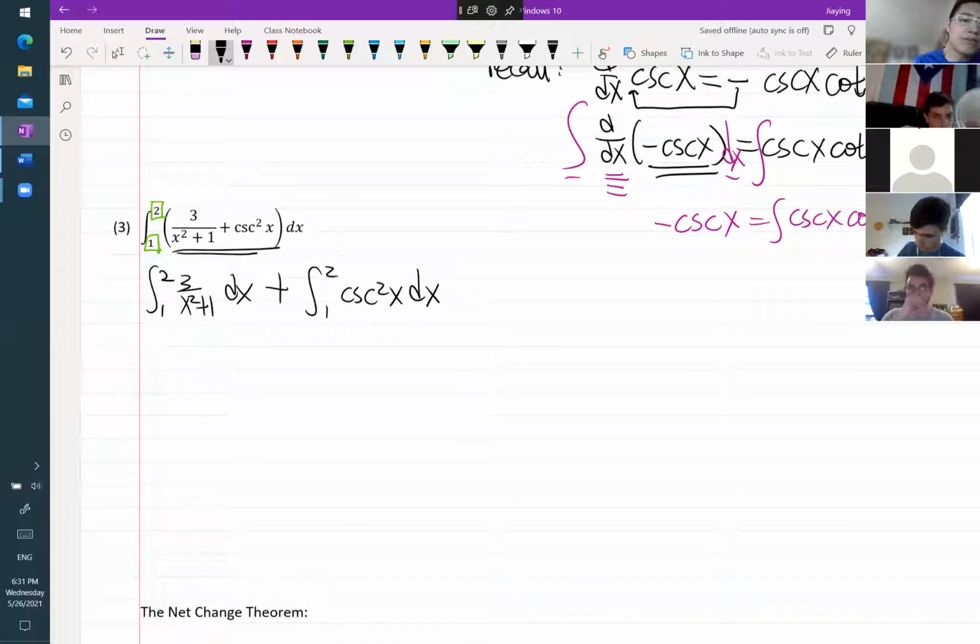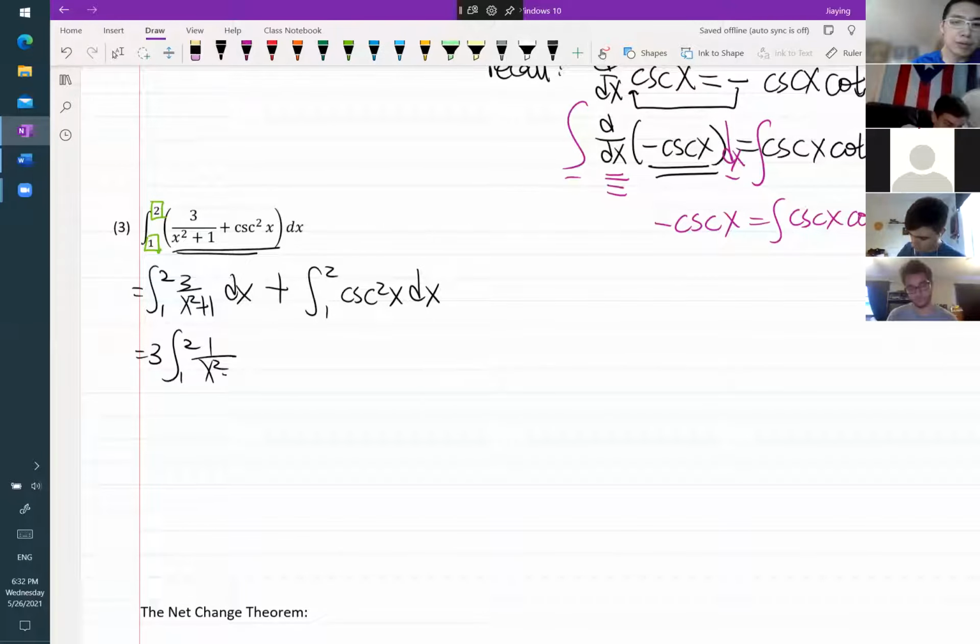And the 3 from the first term, I'm going to move it outside of the integral. So I get 3 integrating from 1 to 2, 1 over x squared plus 1 dx, moving the 3 to the outside, to the left side of the integral, plus integrating 1 to 2 cosecant square x dx.